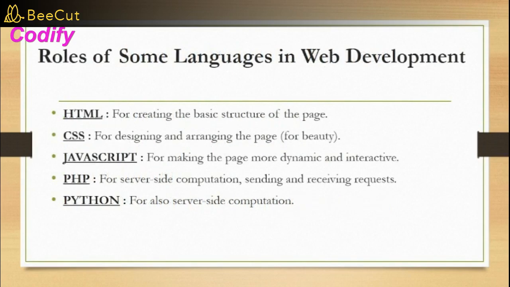Now, the roles of some languages in web development. HTML is for creating the basic structure of the page. When it comes to search engine optimization, HTML also plays a very good role. It's just the structure of the page. Just like building a house, raising a structure, at the end you have to paint the house, beautify it and make it look beautiful.